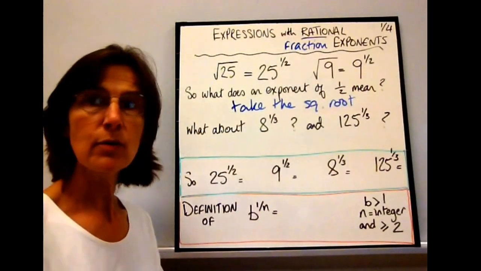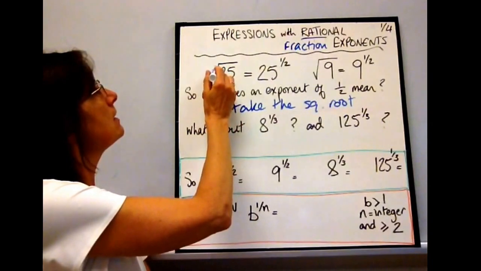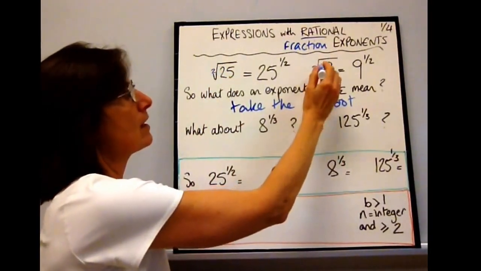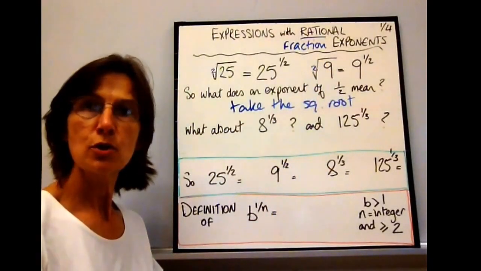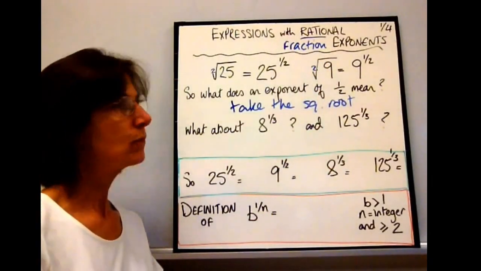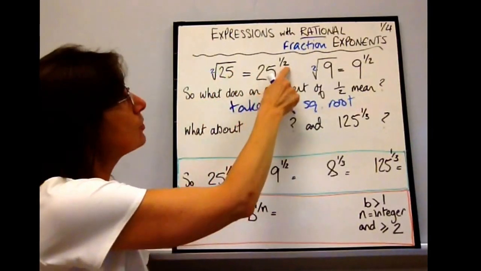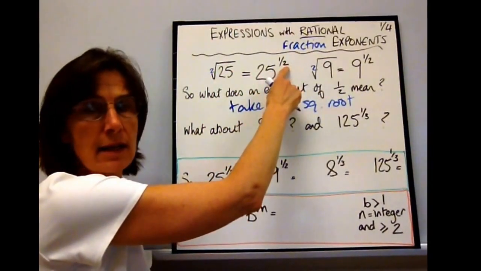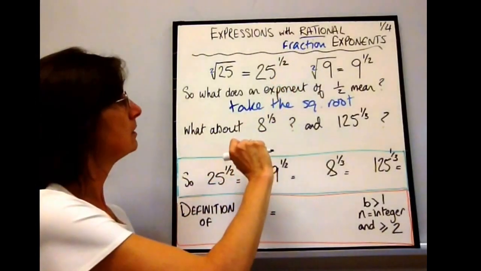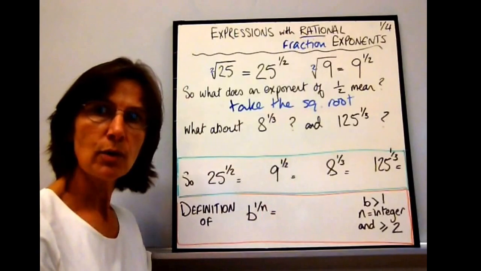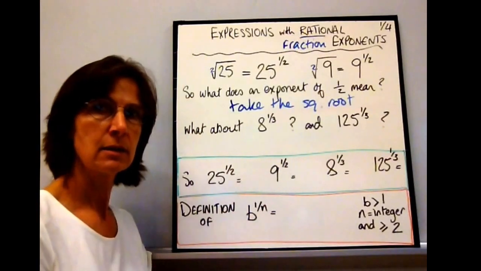When we write the square root symbol, there is an invisible 2 there. It's going to crop up when there are other roots, but for the square root, it's an invisible 2. So notice the relationship between the 2 and where the 2 is here in the exponent. What about 8 to the 1/3 and 125 to the 1/3? What do you think that means?